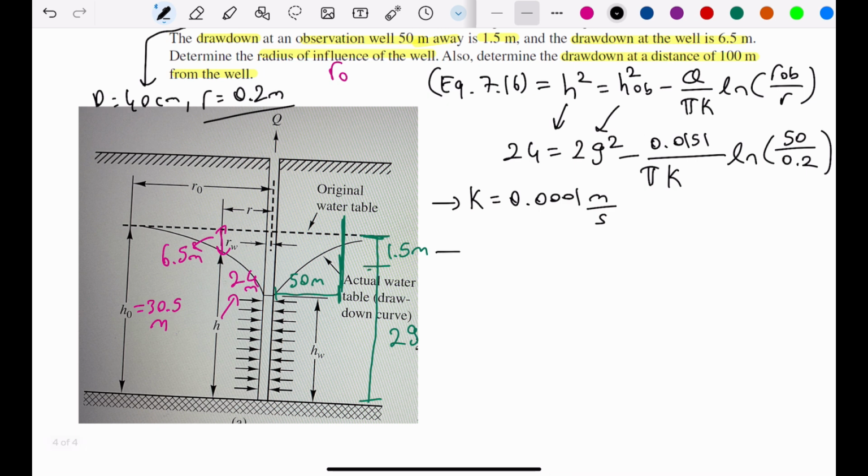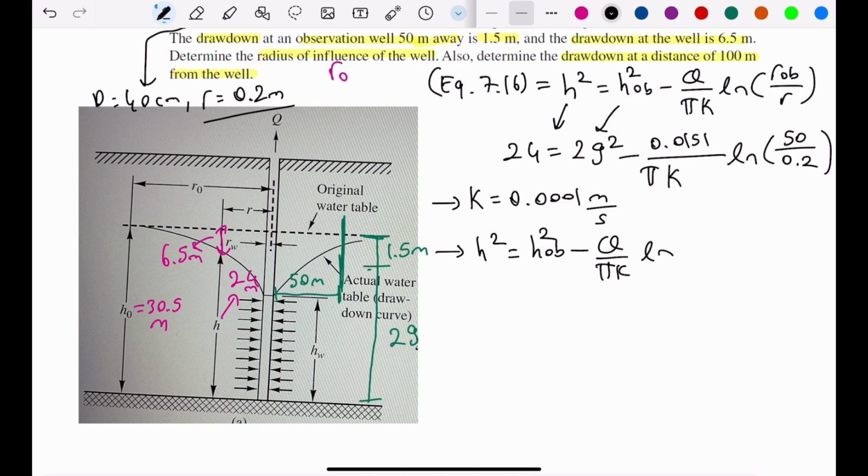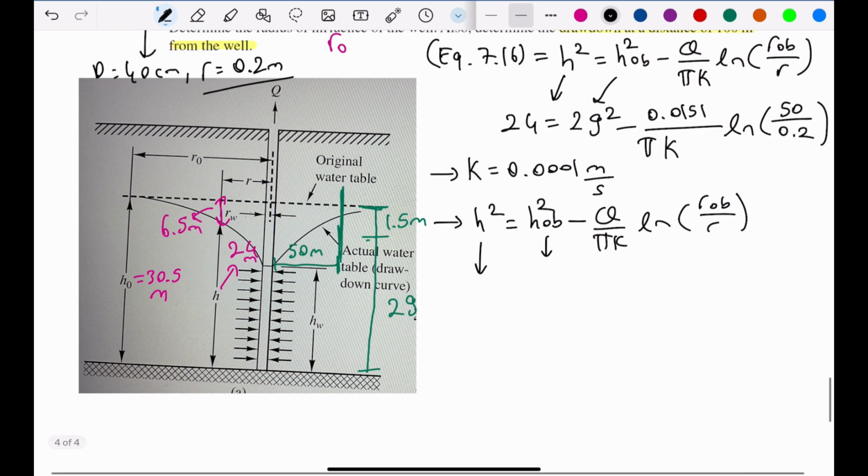So now we are going to use the same equation. This time we know the K value, and we are going to get radius of influence. And this time we are still using 24 as the H because it is the head at the pump well, so it will be kept constant.